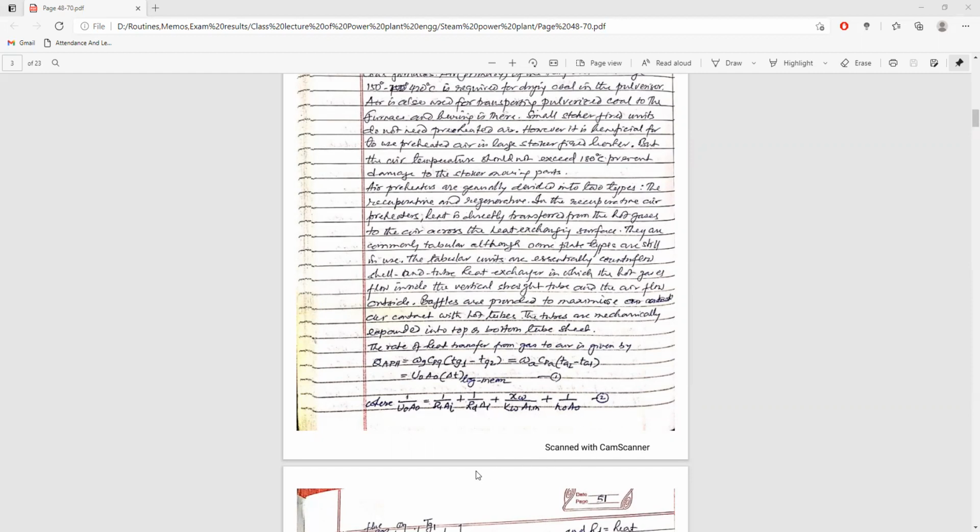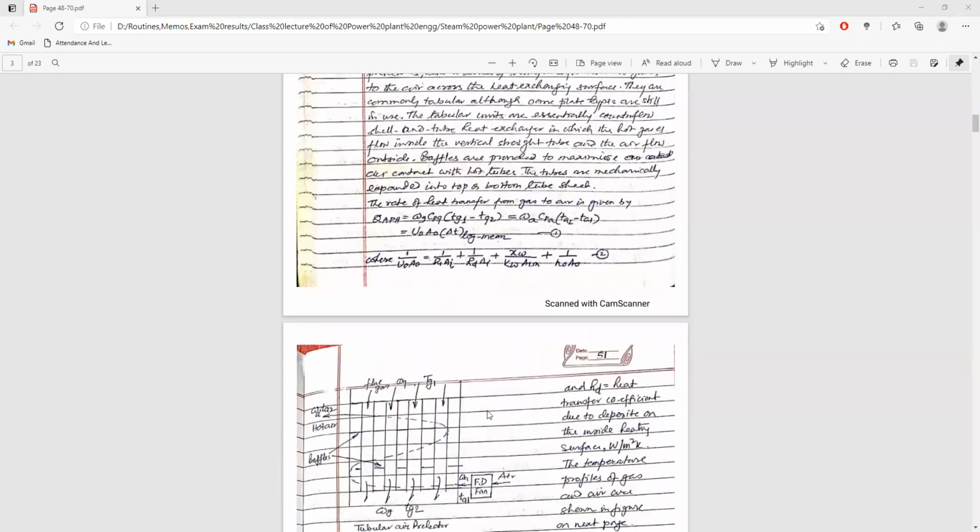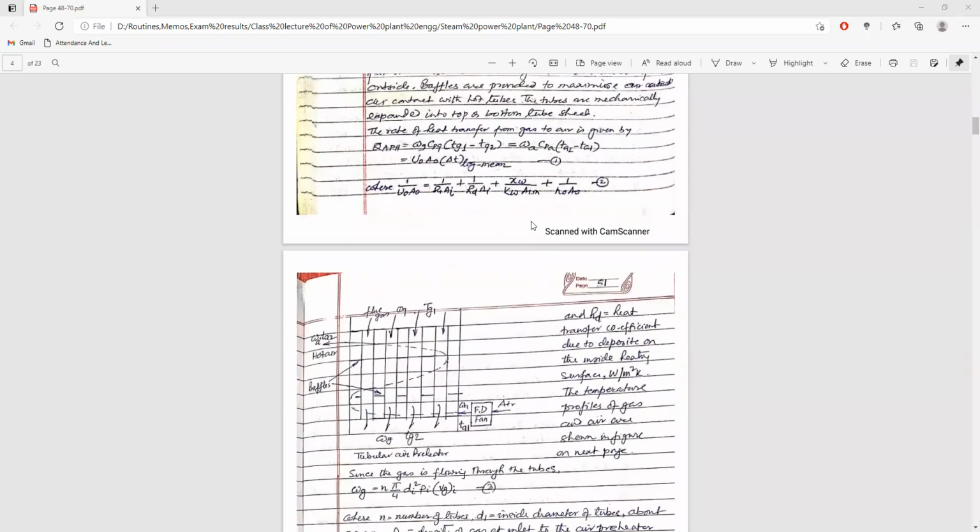So from here you can know U0 only when you have all these parameters in hand. And what are they? These are more or less clear, but H_D is the heat transfer coefficient due to deposit on the metal surface, in watts per square meter per degree Kelvin.